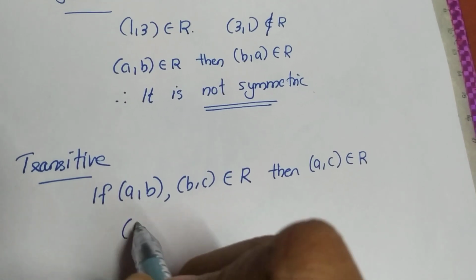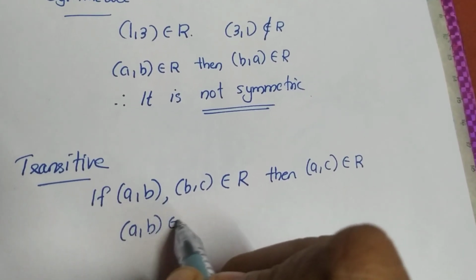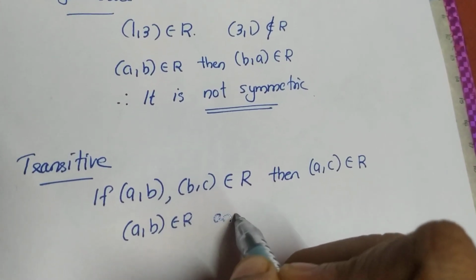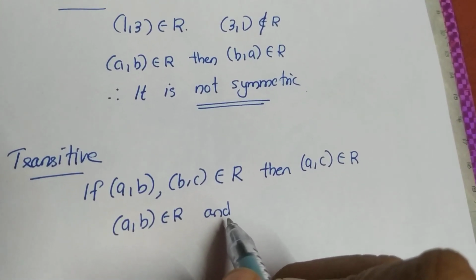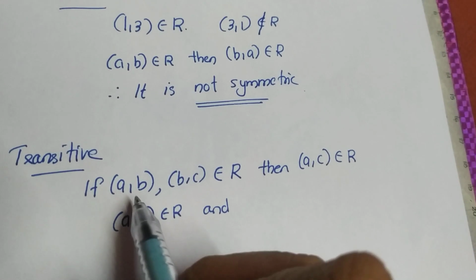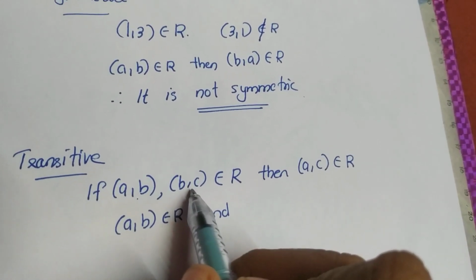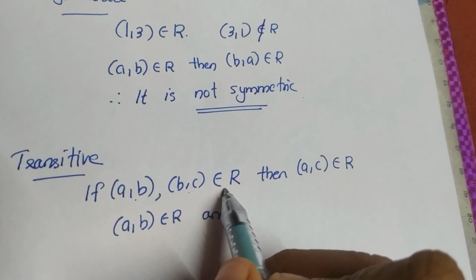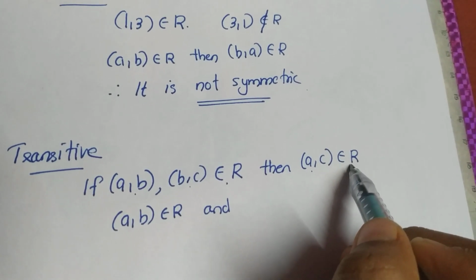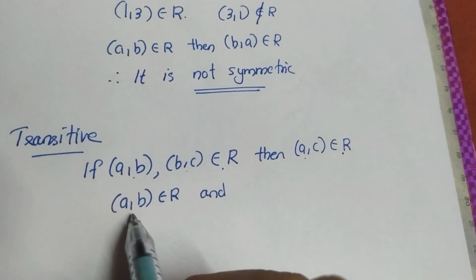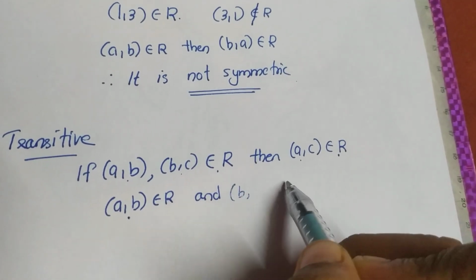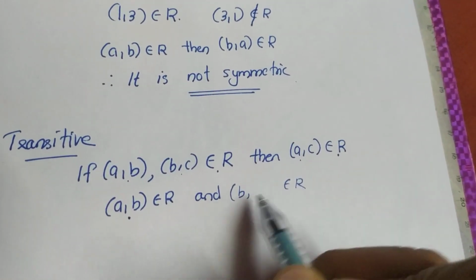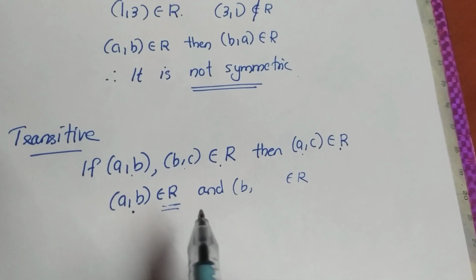But if we take an element (a, b) and there is no element starting with b in R, then automatically it will be transitive. Clear? Actually the condition is: if (a, b) and (b, c) are elements of R, then (a, c) must be an element of R. But if you are taking an element (a, b) such that there is no other element starting with b in the relation R, then automatically the relation will become transitive.